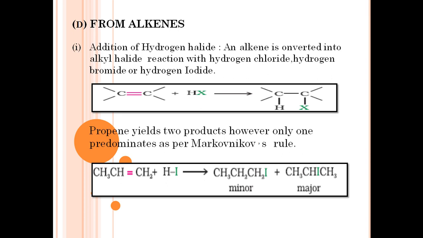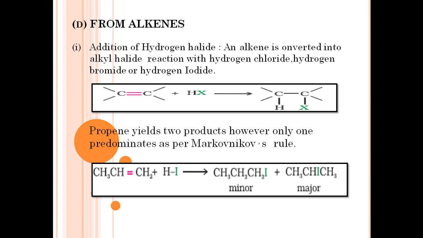Again, what is Markovnikov's rule? Markovnikov's rule says that the negative part is attached to that carbon atom which has less number of hydrogen atoms. In propene, CH3CH=CH2, when it reacts with hydrogen iodide, we get the minor product CH3CH2CH2I, that is 1-iodopropane, and the major product CH3CHICH3, or its IUPAC name is 2-iodopropane.